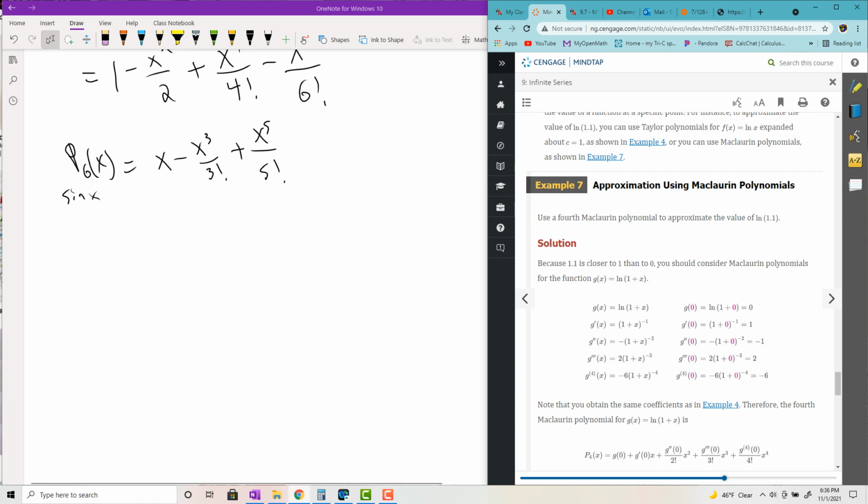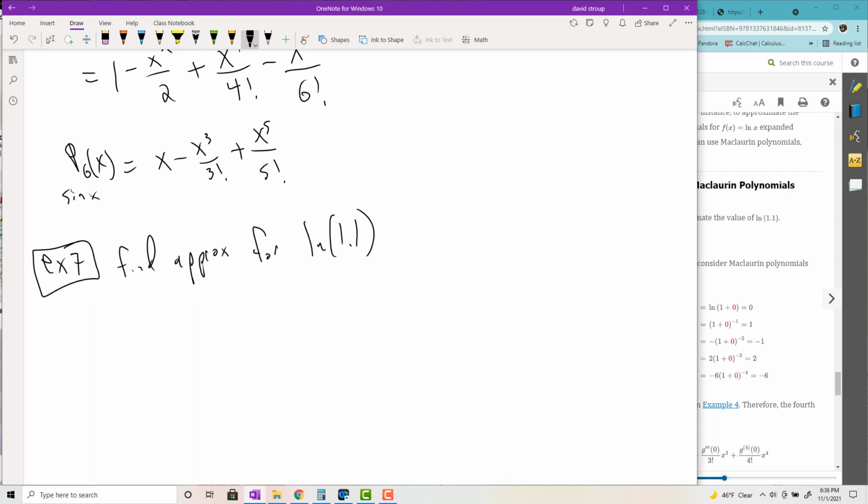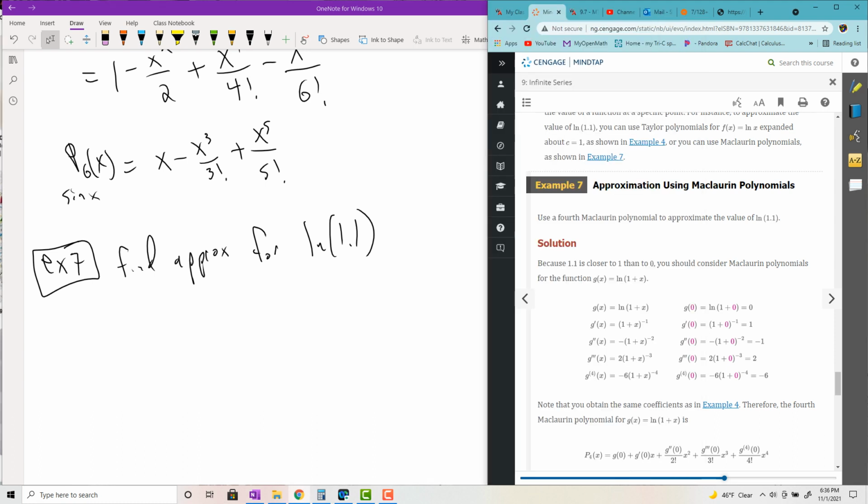In particular, we want to find an approximation for ln of 1.1. So what you want to produce is some sort of nth degree polynomial centered at 1, something close to 1.1. And here the book is telling you they want a 4th degree Maclaurin. So actually they're centering it at 0.